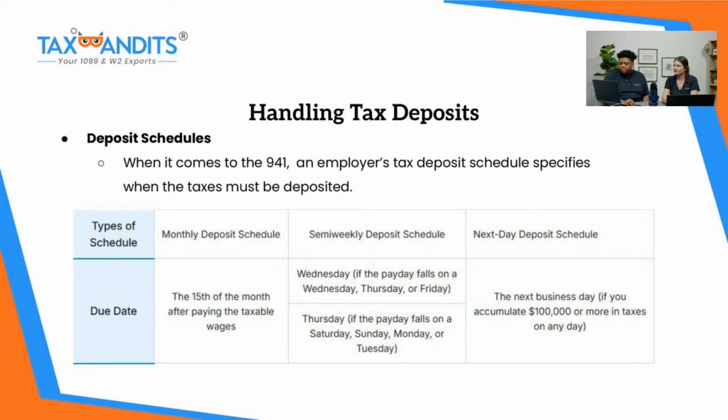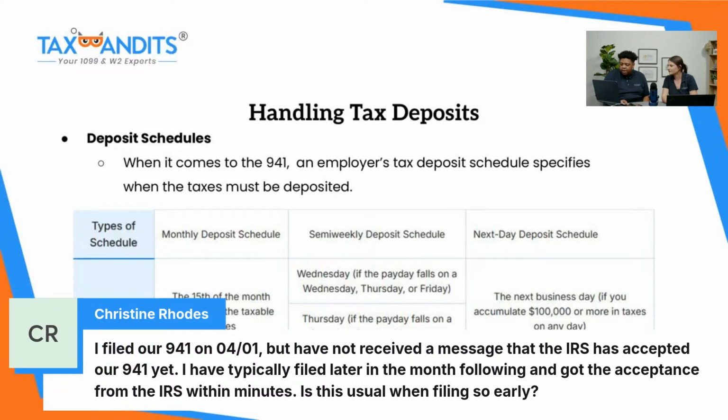Oh, looks like we have some comments here. We have a comment from Christine Rhodes: I filed our 941 on April 1st, but have not received a message that the IRS has accepted our 941. I typically file later in the following month and get the acceptance from the IRS within minutes. Is this usual when filing so early? Depending on when you file, it's not uncommon to have different acceptance time frames from the IRS.